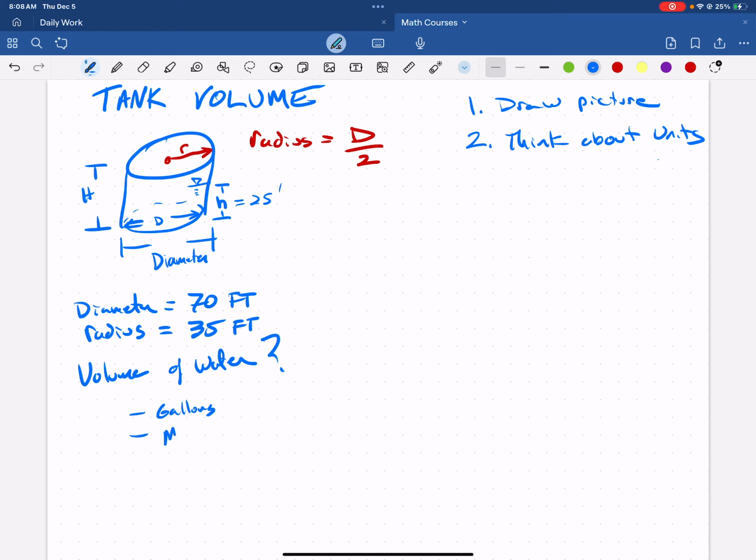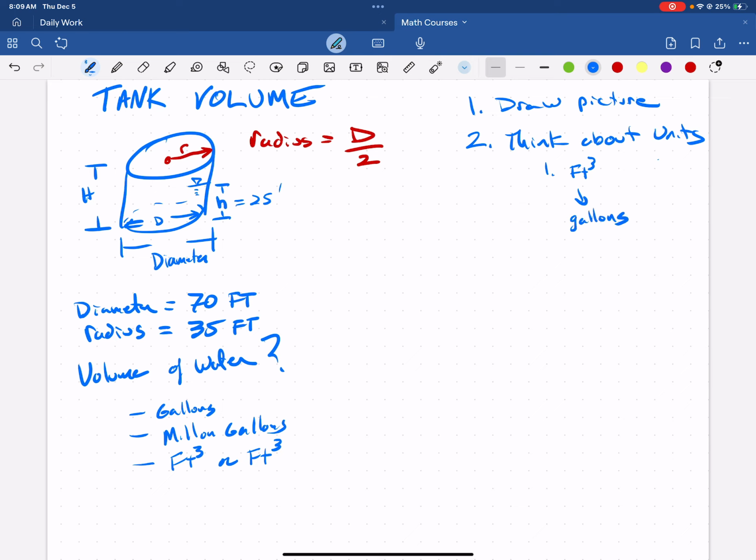Is it going to be in million gallons? Is it going to be in cubic feet? We need to think about how our units stack up. So today, we're going to calculate it first in cubic feet, and then we're going to convert that to gallons.